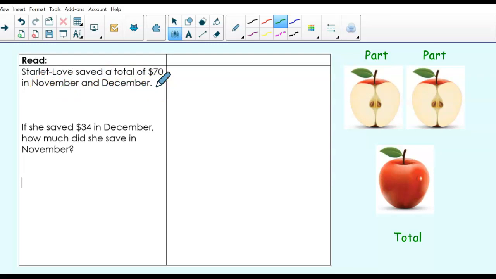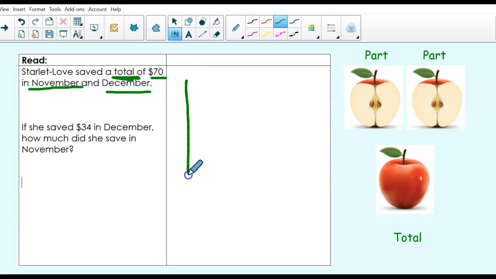Can you help me underline the key words? All right, total is a key word, and here it is here. So we know the total amount of money Starlet Love saved. She saved $70 in November and December.